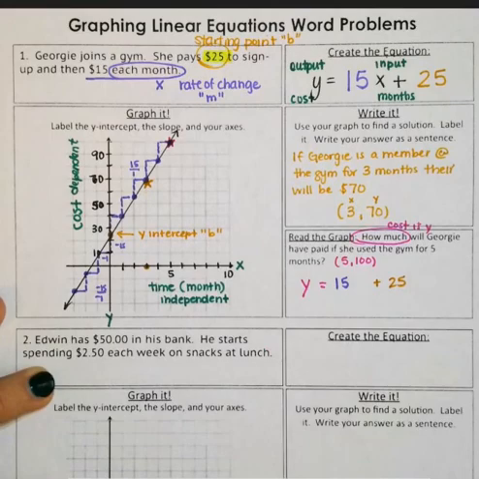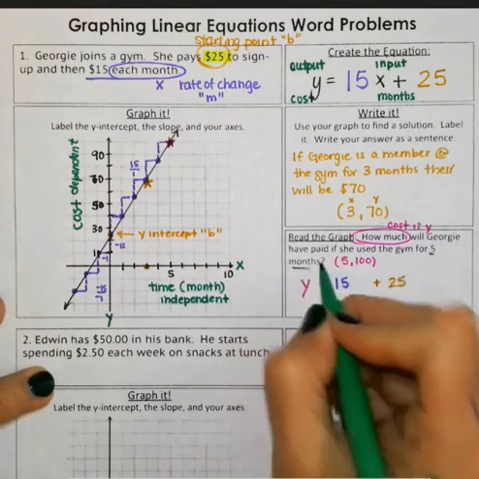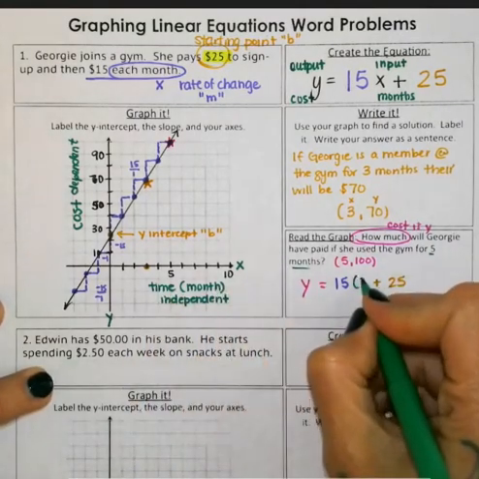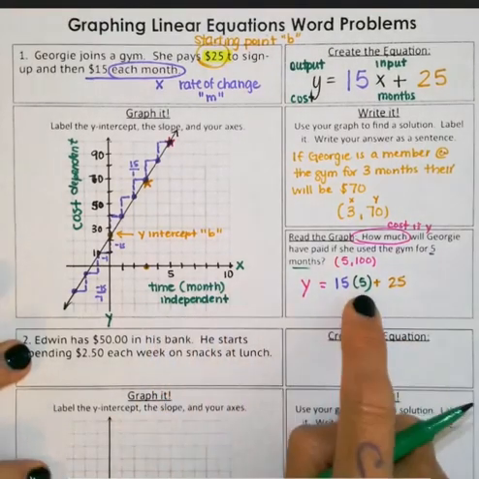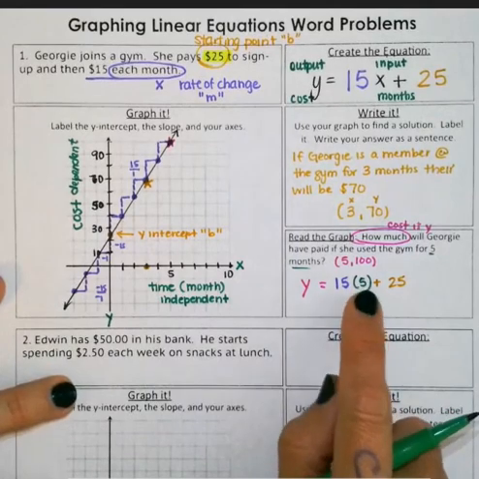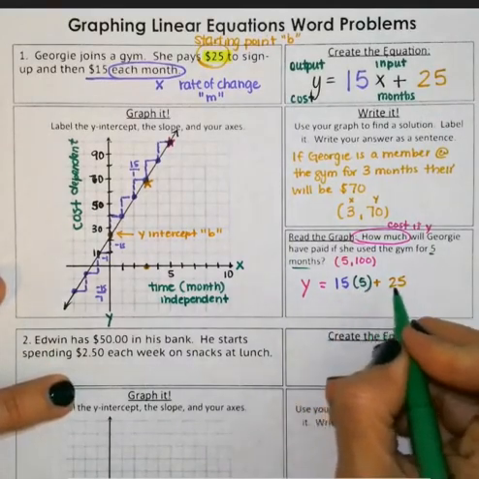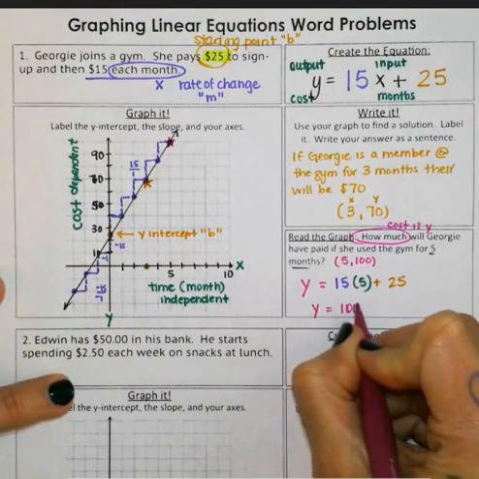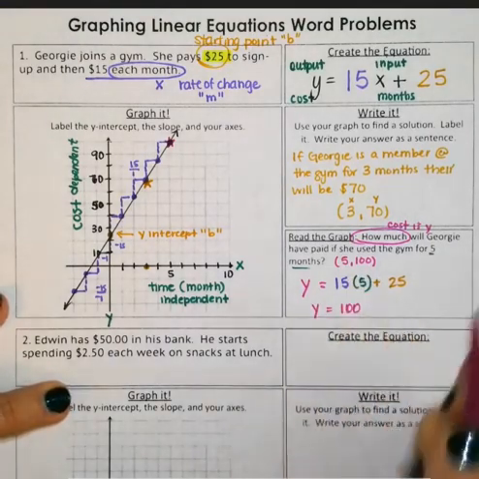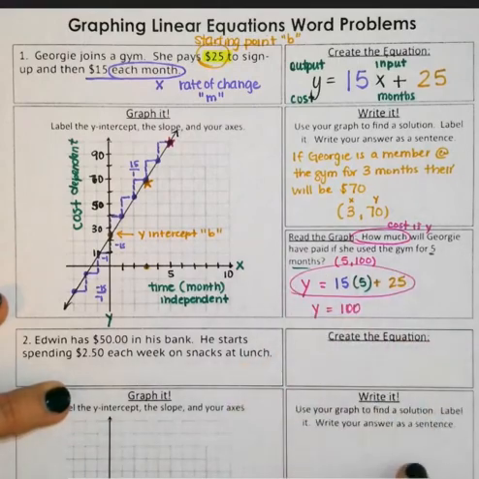And then in this case, we're tracking it for 5 months. And we are counting by months. You do want to pay attention to the labels. Like if this happened to be by years, then we would have to change this and convert it. 5 times 15 is going to give me 75, and 75 plus 25 is indeed going to give me 100. So algebraically, we are correct, and our equation looks great.